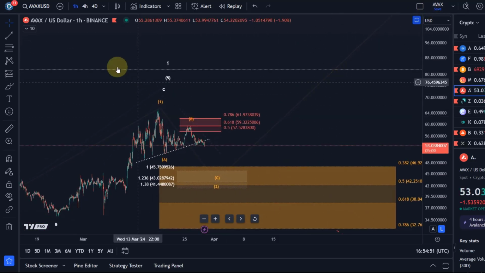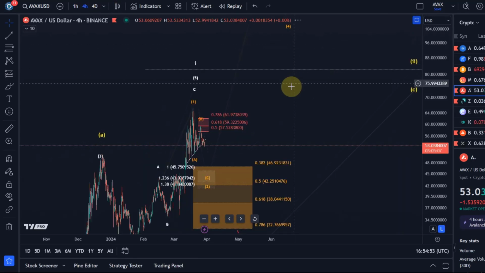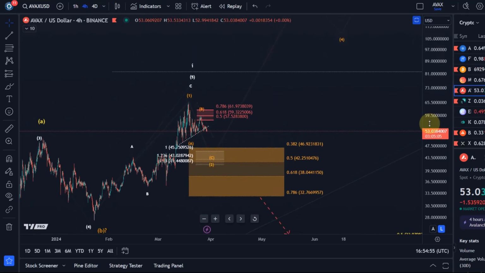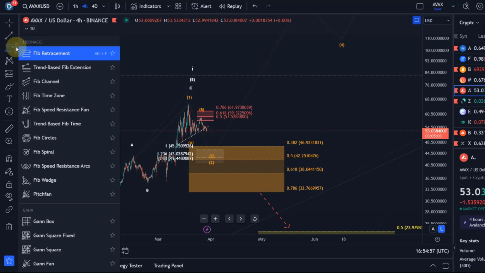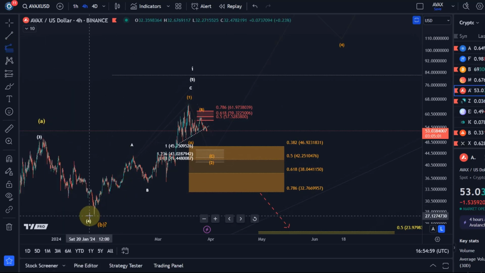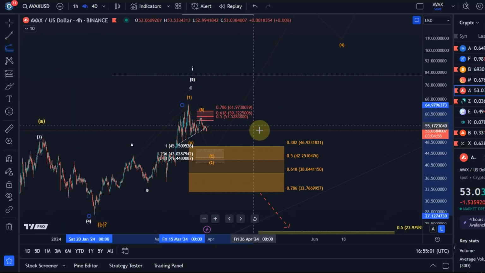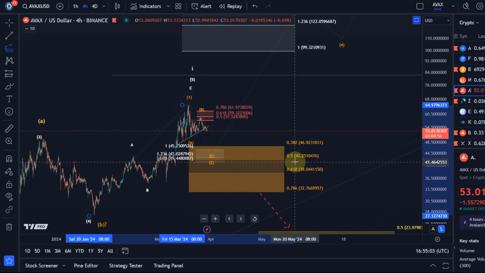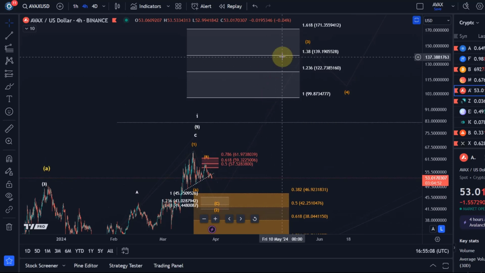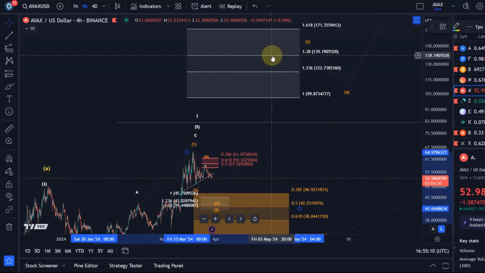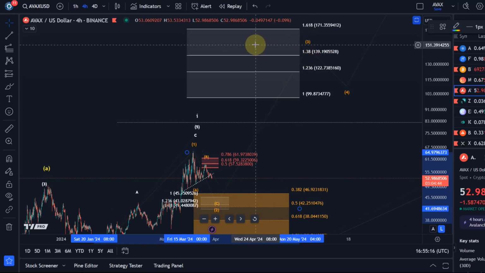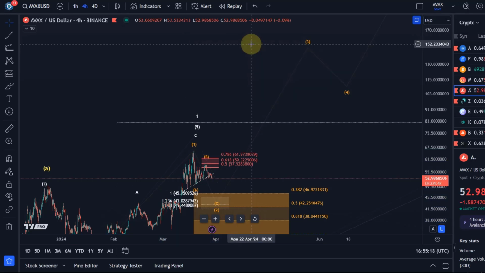We can calculate some speculative targets, because until I have the wave two in place, I can't really give you a target for a third wave rally. But let's just assume it might come down to, I don't know, $42. And we should see the $140 level next in the 1.38 extension in the third wave. Let's see if we can actually, first of all, hold support.